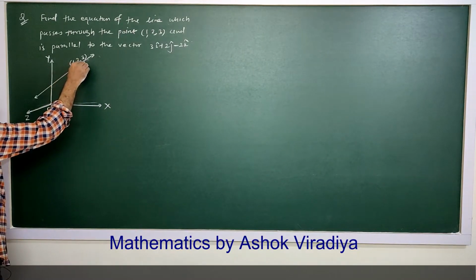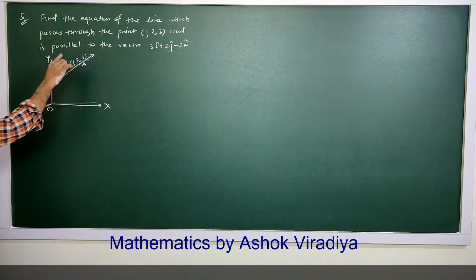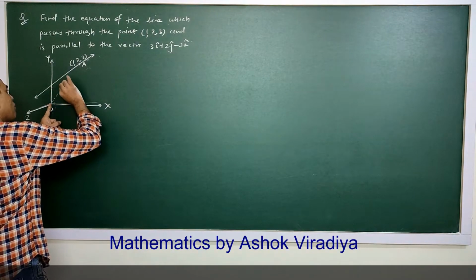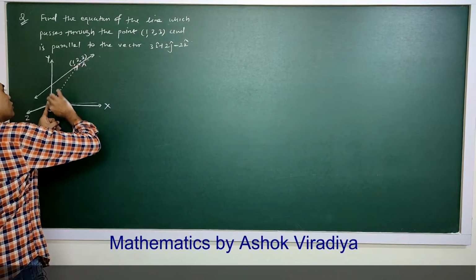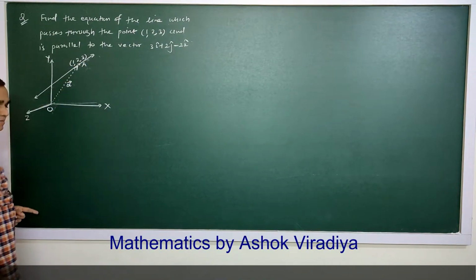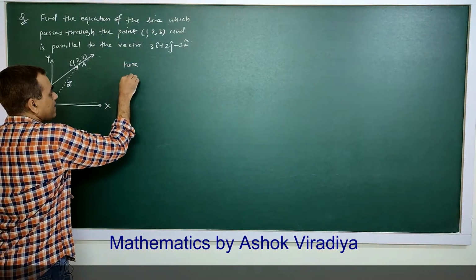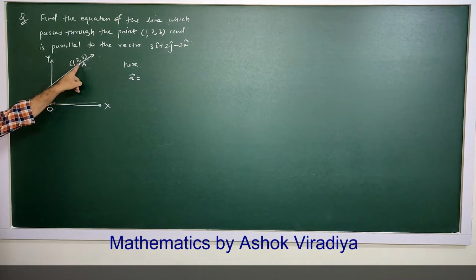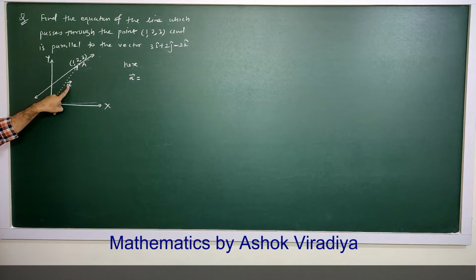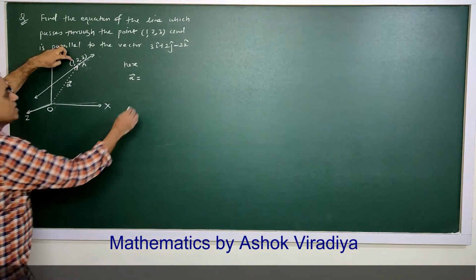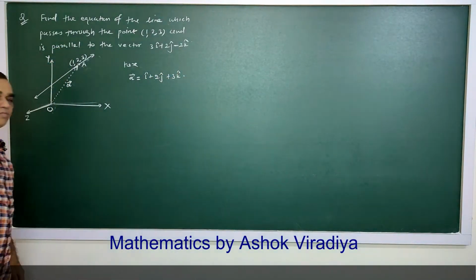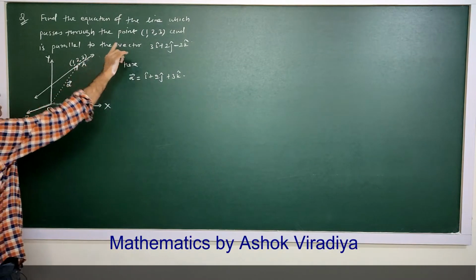This point is A, whose coordinates are 1, 2, 3. So what will be the position vector of this point? The position vector of this point we denote by vector A. Because this vector's terminal point is 1, 2, 3 and initial point is 0, 0, 0, the position vector of this point will be 1i plus 2j plus 3k.